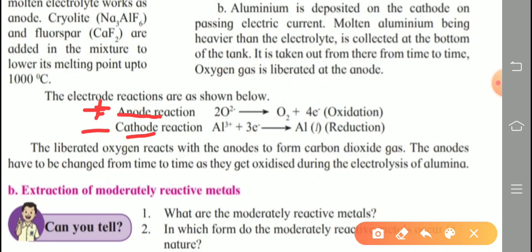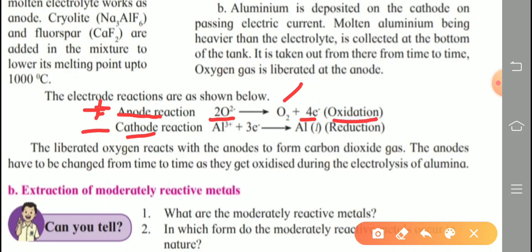So two oxide ions combine, two oxygen atoms combine, forming oxygen gas, plus each oxygen atom has valency 2, meaning it gives 2 electrons. That's why 2 atoms are required for forming the oxygen gas. Oxygen gas is in a molecular state, 2 atoms are required, that is O2, and that's why 4 electrons are liberated here. So oxidation takes place at the anode.